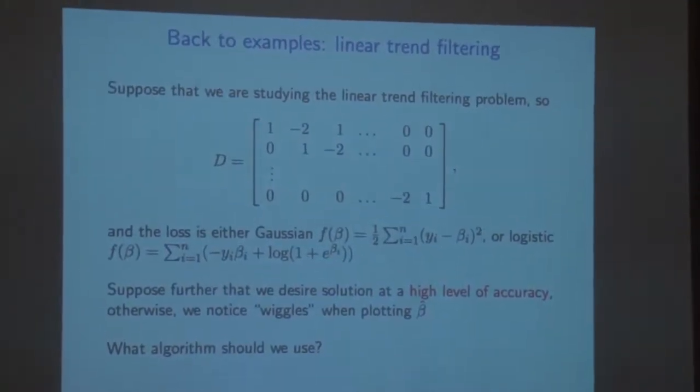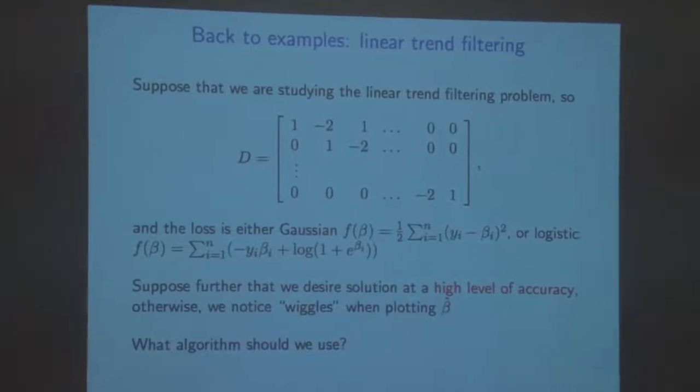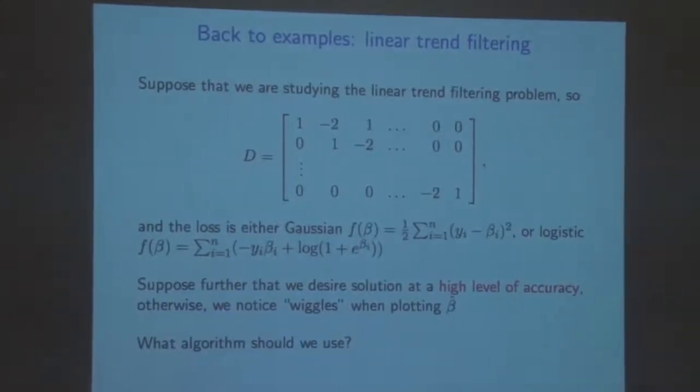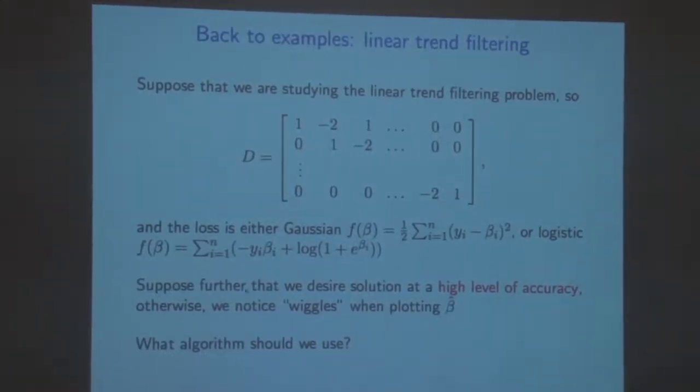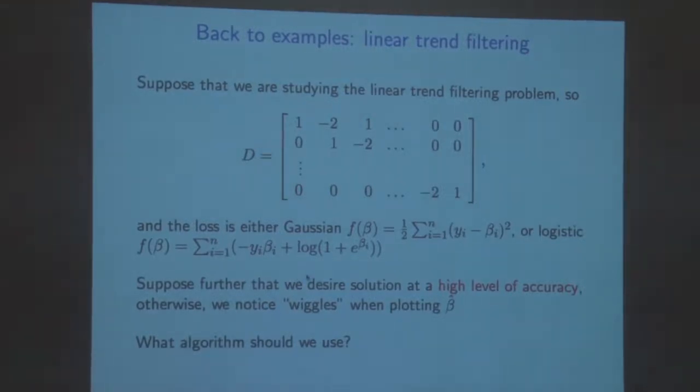Other settings work as well, but let's just keep those in mind. Let's suppose further that in addition to just solving the problem, I want a high level of accuracy. Otherwise, when I plot the solution, when I plot my denoised sequence, I see a lot of wiggles. So in this case, there's actually some reason to get an accurate solution.